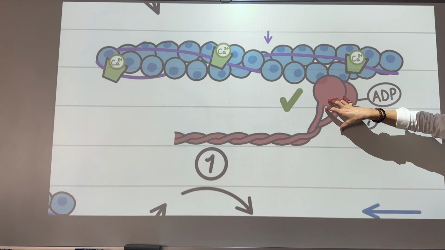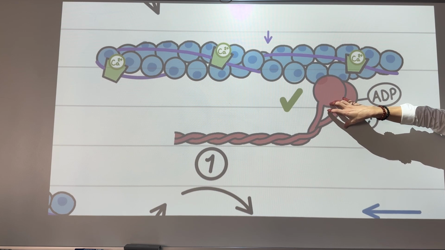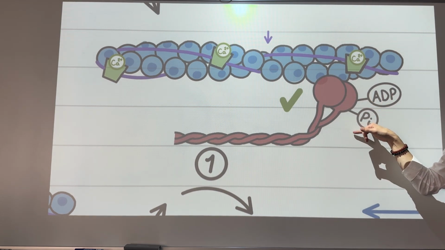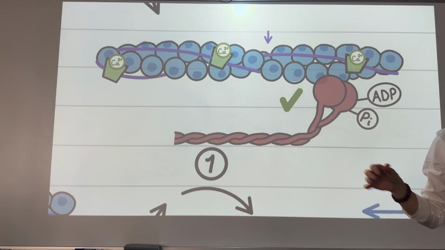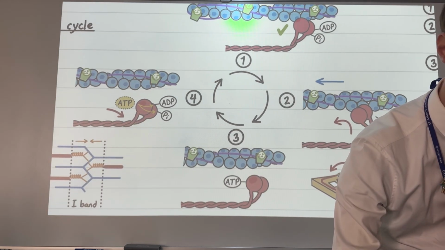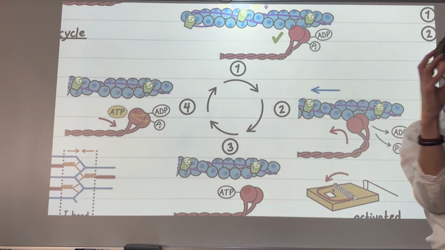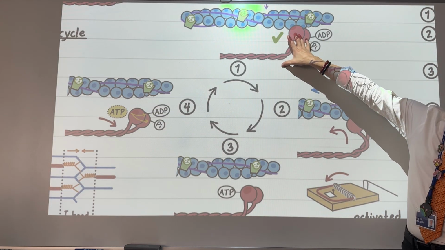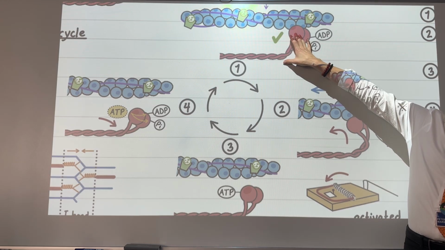Now at the moment, myosin is already bound to ADP and an inorganic phosphate. That's going to become important in a second. So the two are now bound. We're now going to go over the cycle of what's actually occurring as your muscles contract. So we now have formed an actin-myosin cross-bridge.